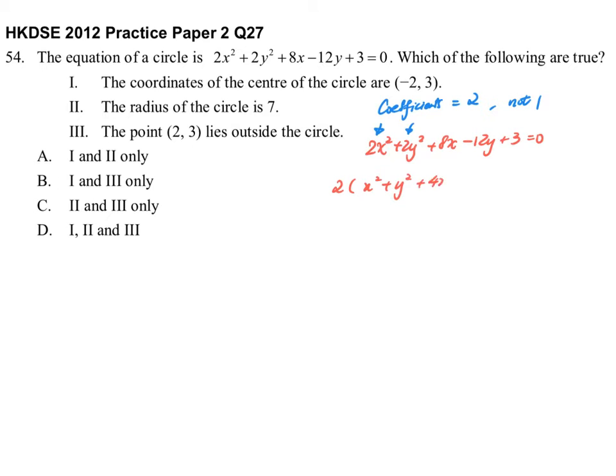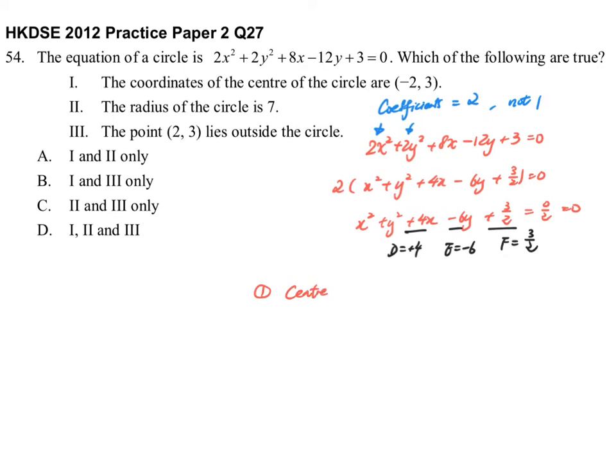Inside the brackets, we have x squared plus y squared plus 4x minus 6y plus 3 over 2. And then we divide both sides by 2. On the right hand side, 0 over 2 is also equal to 0. Now the coefficients of x squared and y squared are 1. We use this equation to find d, e, f, and also the center and the radius.